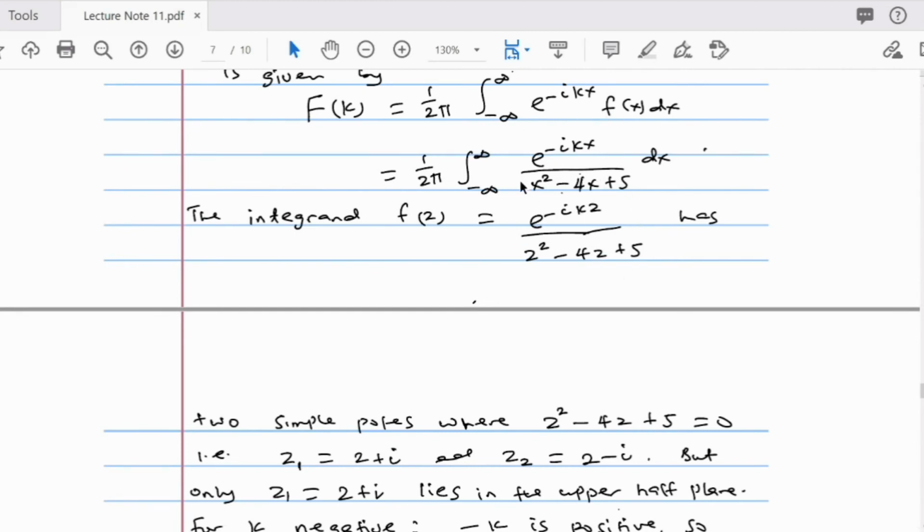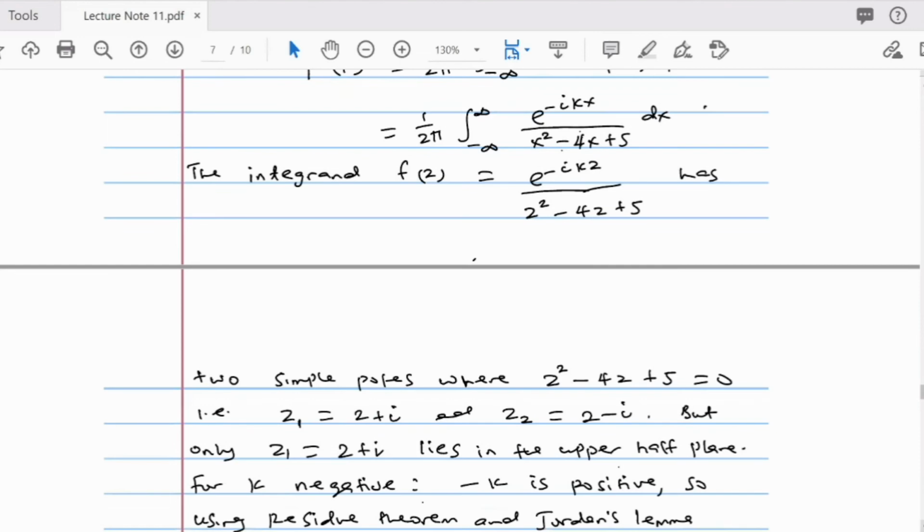Okay, so you must get the singular points. The singular points or the poles are where z squared minus 4z plus 5 is equal to 0. Compute this, equate it to 0. So you're going to get z1 equals 2 plus i, z2 equals 2 minus i. But you want the singular point that is in the upper half plane.